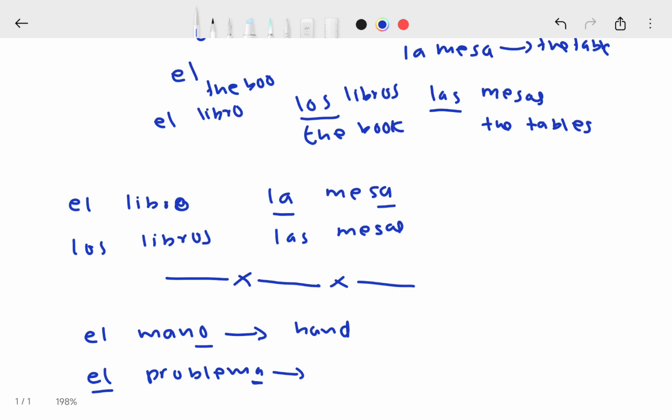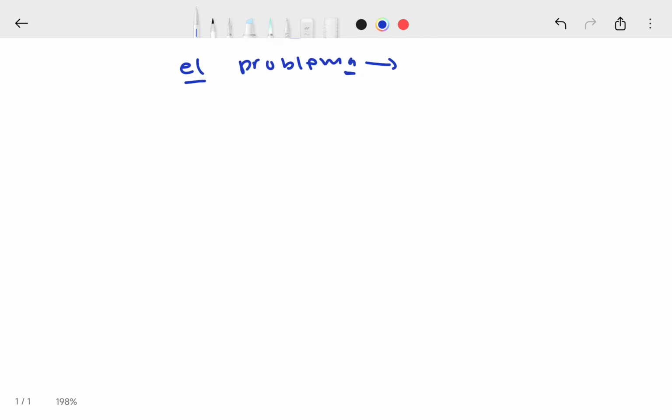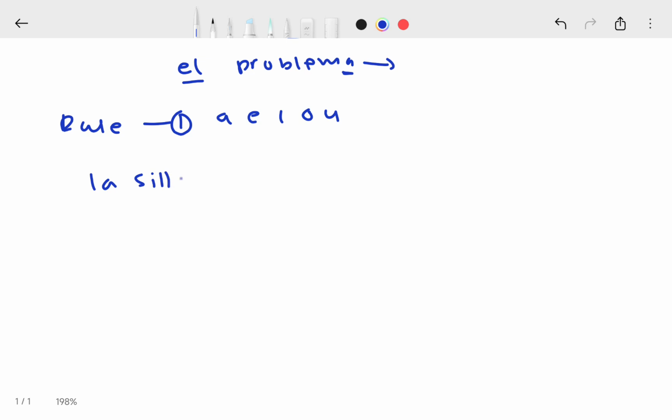Next, we will understand how we can convert a singular into the plural. So, rule number one: if the word ends with a vowel, for example A, E, I, O, U. Here we can take an example, la silla.